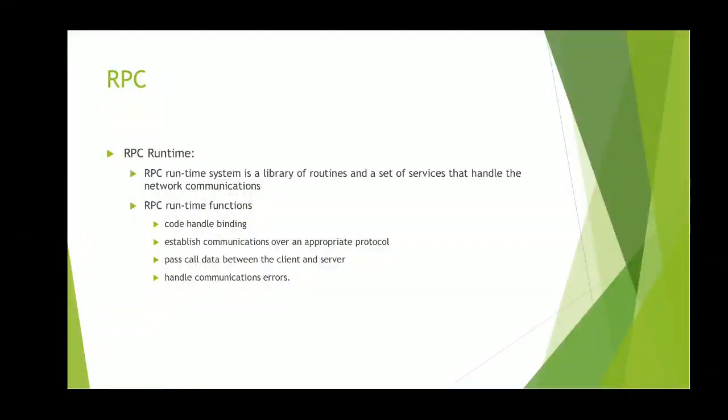The next functional block of the RPC system is the RPC runtime. This RPC runtime system is a library of routines and a set of services that handle the network communication. Because the client application and the server application are running in different systems, for the proper operation of these RPC calls, there should be a consistent and reliable communication between these two systems, the client system and the server system. And for this communication, we can use the RPC runtime libraries.